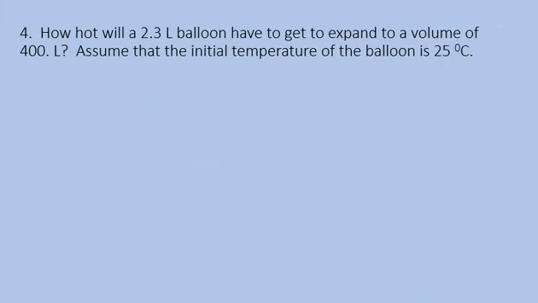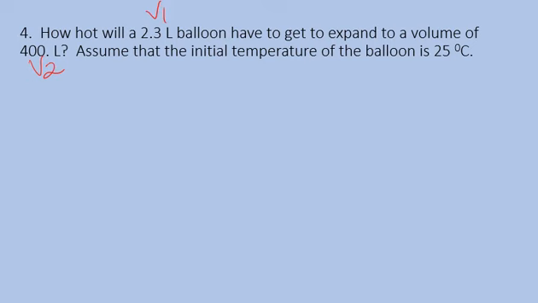So that makes sense. All right, how hot will a 2.3 liter balloon have to get to expand to a volume of 400 liters? So if I want it to expand to that, that's going to be my second volume. And this was my first volume, so it was 2.3 and I'm expanding it to 400.